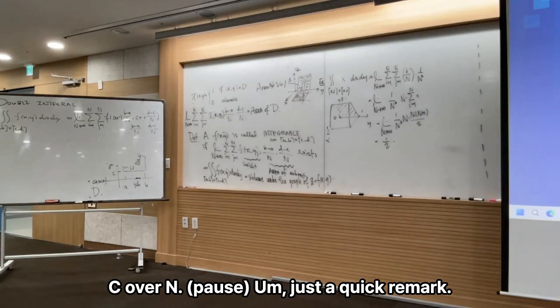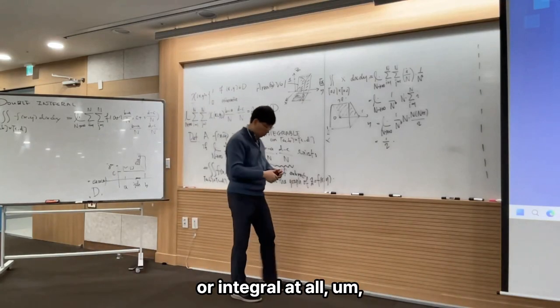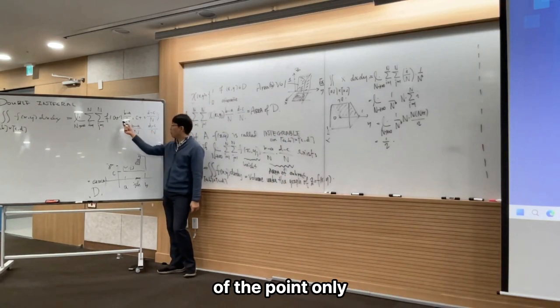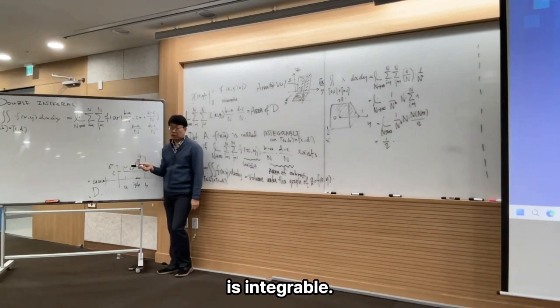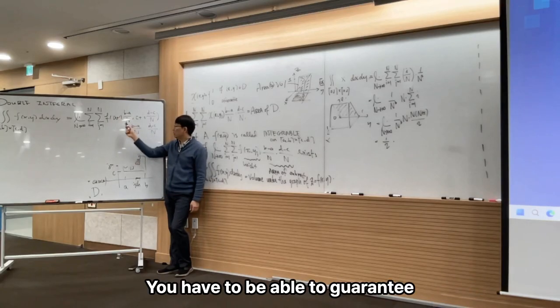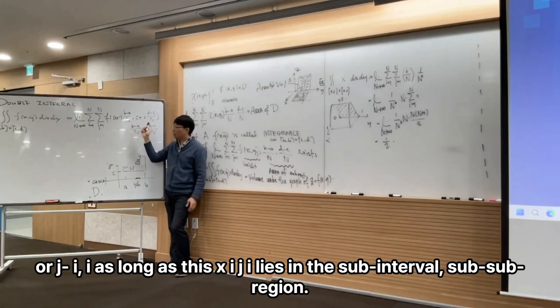Just a quick remark, if anyone knows or has heard about the double integral or integral at all: I use this specific value of the point only because I assume that the function is integrable. The general definition of this limit requires that the limit exists for any choice of x_i, y_j as long as this point lies in the subregion.